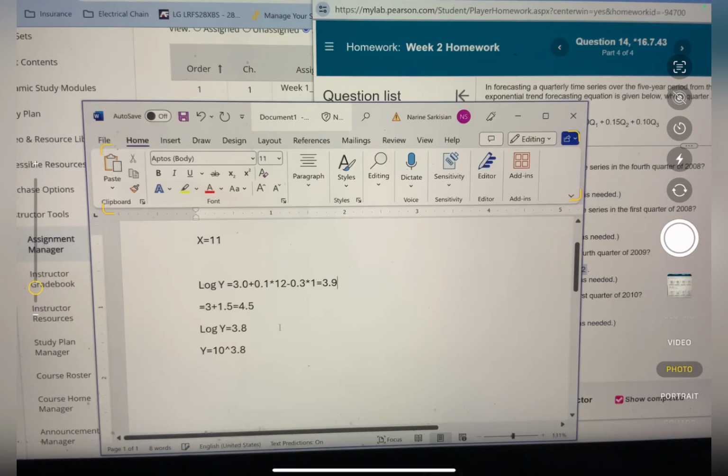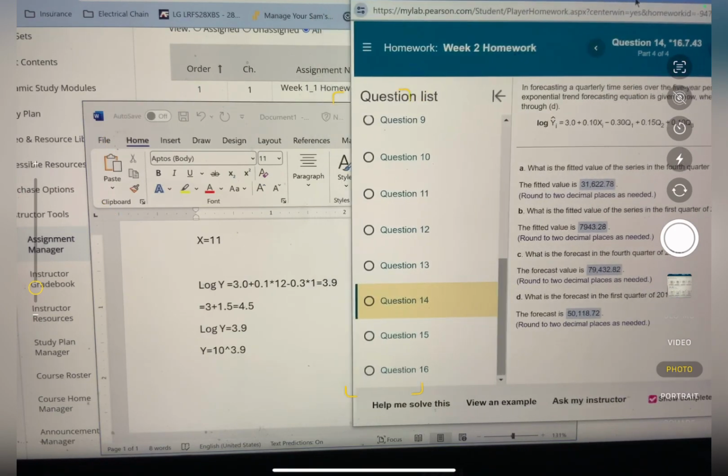So I am raising to the power 3.9. All right, so let me see. 10 raised to the power 3.9. And I got 7,900 something. Yes, 943. We got it.